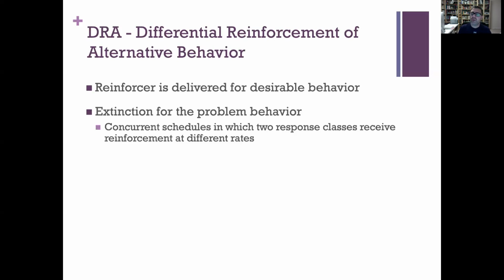The rate of reinforcement for desirable behavior should be high, a dense schedule of reinforcement like an FR1. And the reinforcement for problem behavior should be a very lean or extinction schedule, so no reinforcement. In some cases, depending on the nature of the behavior, you may not be able to place it under extinction, and again, I'll give some examples later.